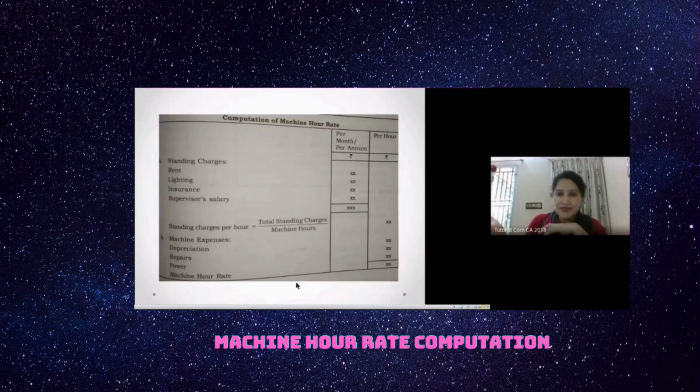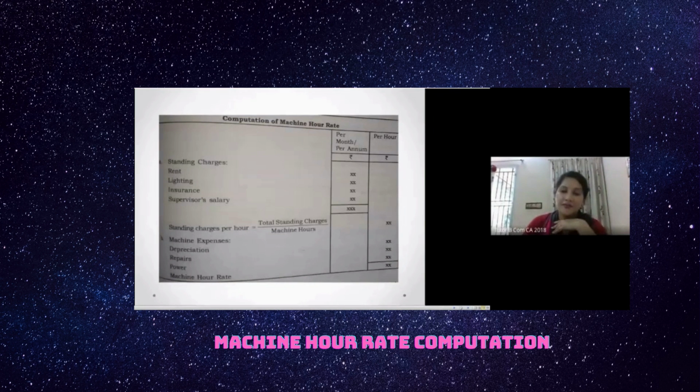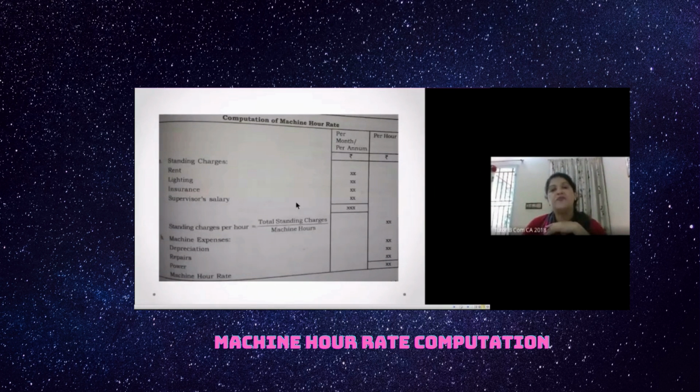It's not always compulsory that we first go with the annum, then convert into hourly rate, but we are simplifying our calculation by initially computing the standing charges for an annum, or for a month or maybe a week, and then we convert that into an hourly rate. But it depends upon the pattern of question you get in your exam. In this particular case, it's given as annum, so we convert that into hour at a later stage.